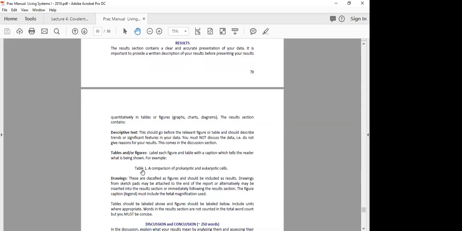An example here, table 1, a comparison of prokaryotic and eukaryotic cells. All right, so make sure you don't just say table 1. Also give the reader a brief description of the type of information they can find within that table. All right, what about a figure?